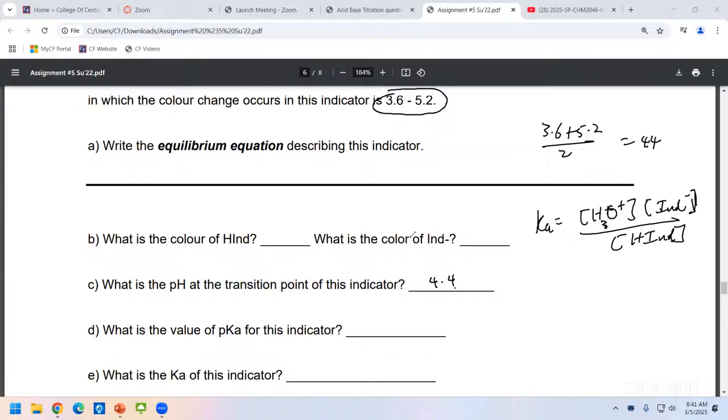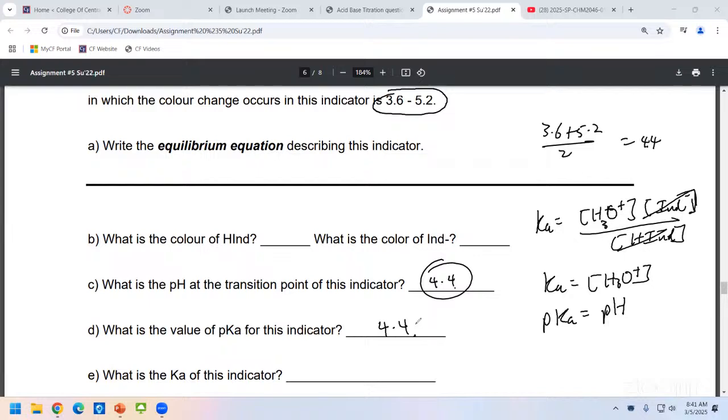Now, at this transition point, these two would be equal to each other. This would be equal to this, right? So that means that the Ka would be equal to the concentration of H3O plus. So therefore, the pKa would be equal to the pH. So what that means is that this value here would be the same thing as that value at that point of the transition.